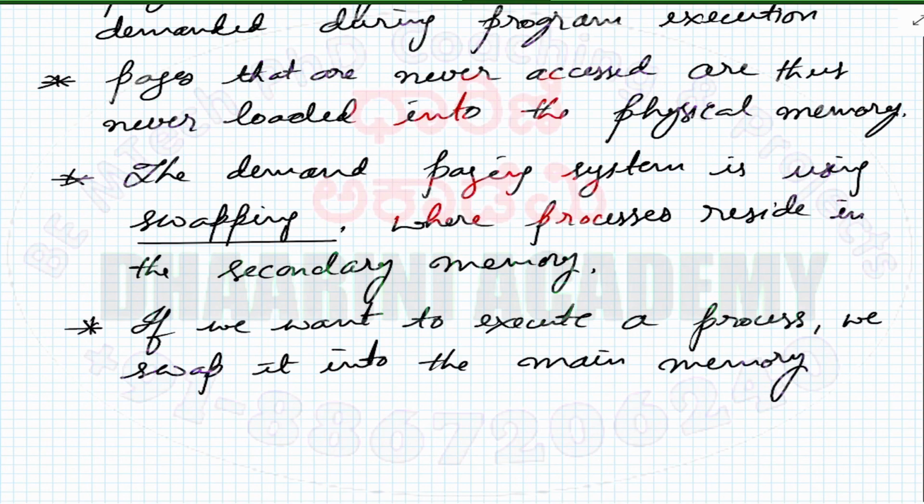Again, the idea is that we are not going to swap the entire process to the main memory. We'll do it part by part. Whichever part is expected to run immediately next, maybe 3 or 4 lines of the code, will come to the main memory. As and when it gets executed, you put that code back to the original place and load the next 4 lines or so.